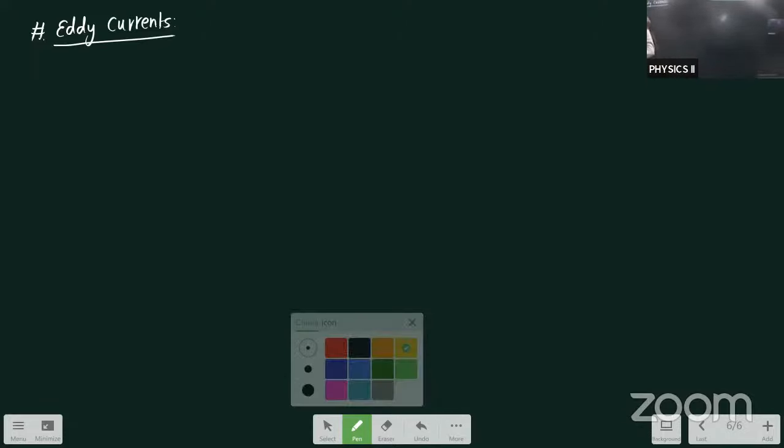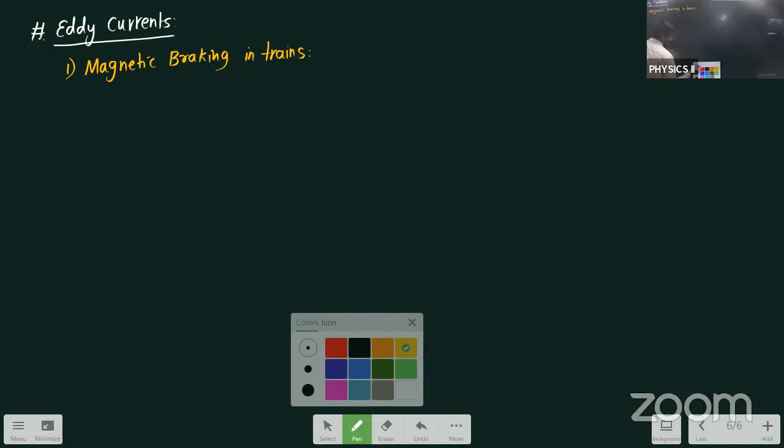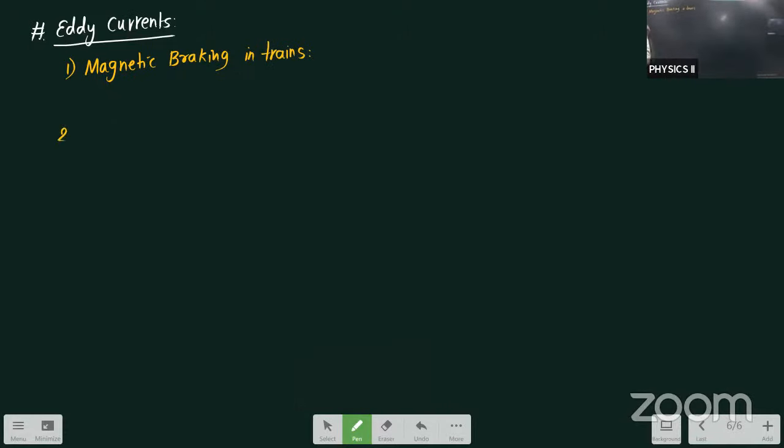What are those 4 uses? First one, you can write magnetic braking in trains. What is the second use of eddy currents?